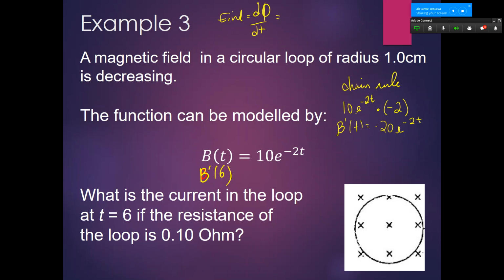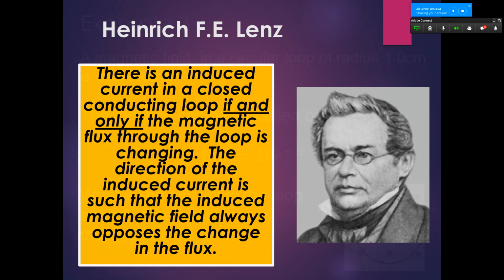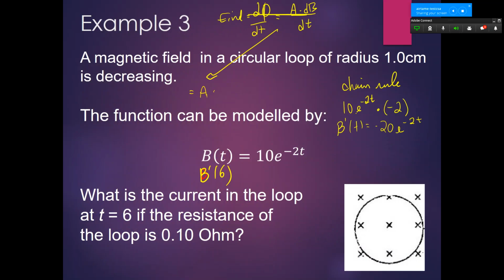So it's going to be area, which is constant, multiplied by dB over dt. That makes sense now, because all I need is my area, which is constant, multiplied by B prime of 6.